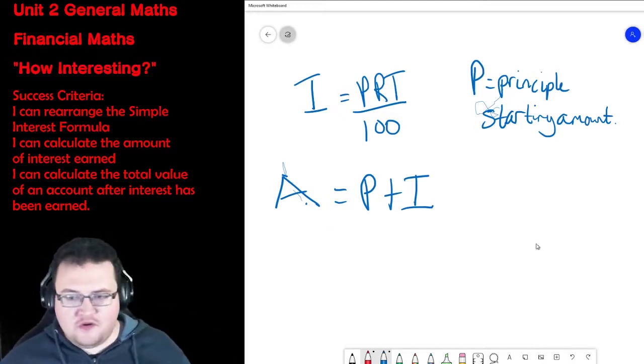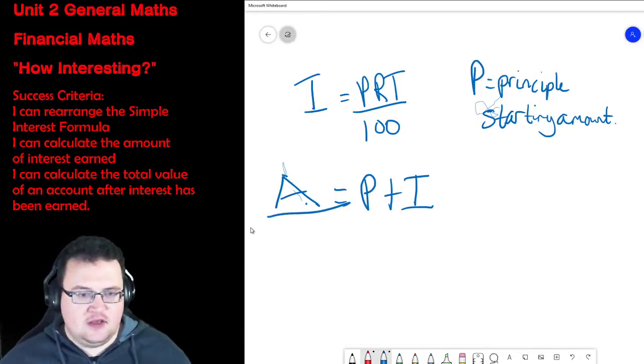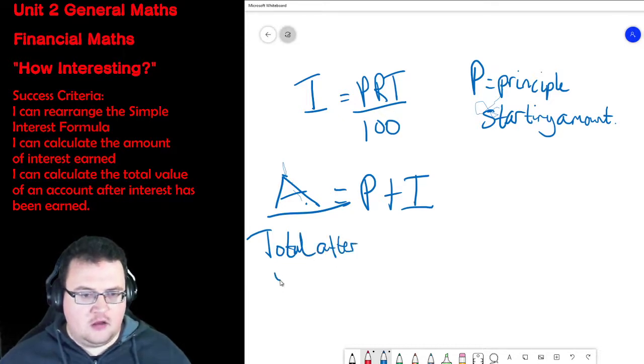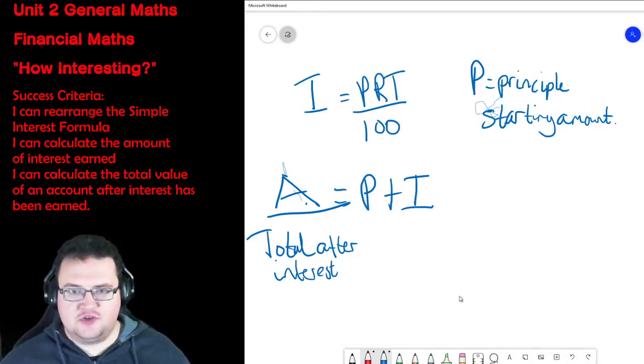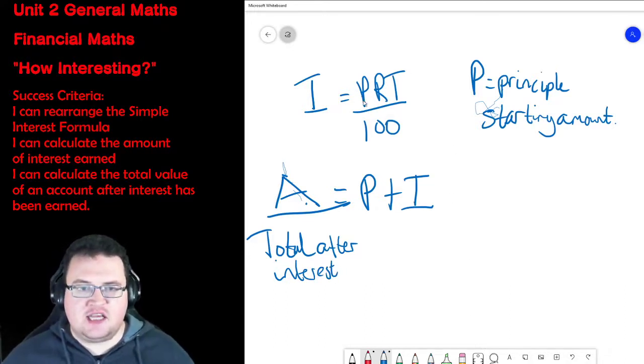All right, the total amount that you're talking about there, mate, is this A down here. So this is the total amount after interest. Now, what you'll notice is that P shows up in both this formula here and this formula down here.